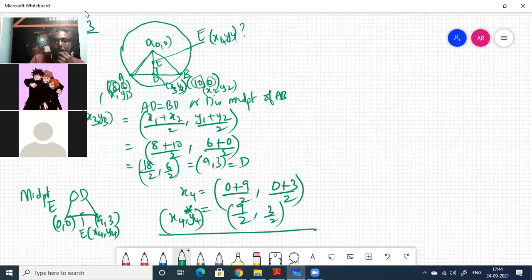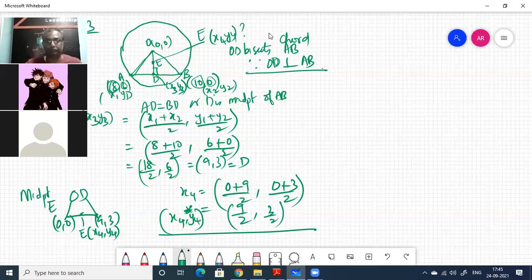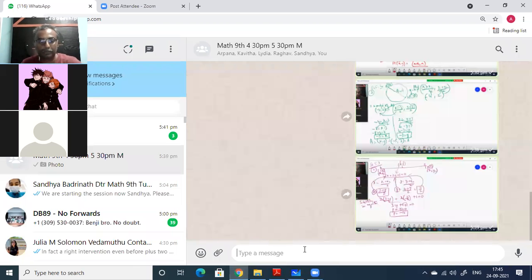So what you should say is OD bisects chord AB because OD is perpendicular to AB. Once you say that, you can carry on with the sum. Let us paste this also, 5.3, fifth sum.